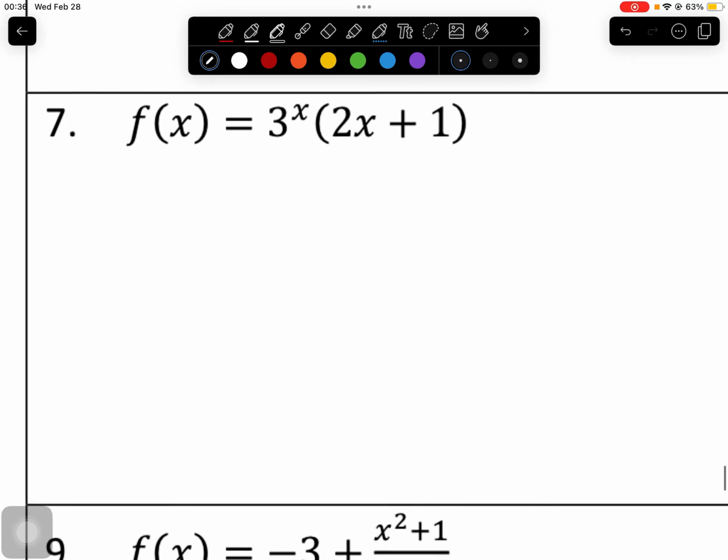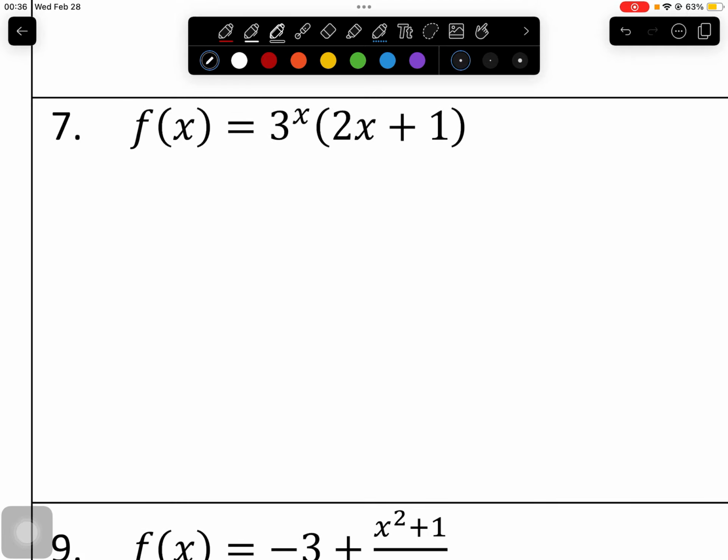Number 7. Here we're going to do product rule again. 3 to the x is basically natural log of a, which is natural log of 3, times 3 to the x times 1, but I'm not going to put the 1.